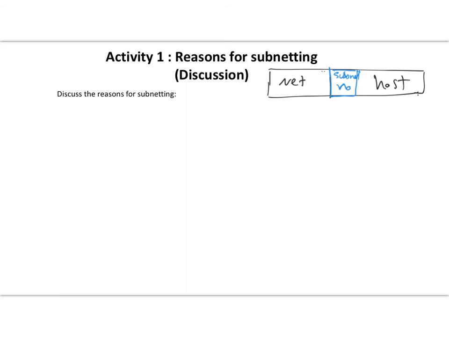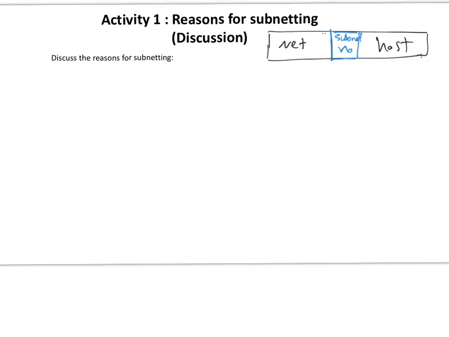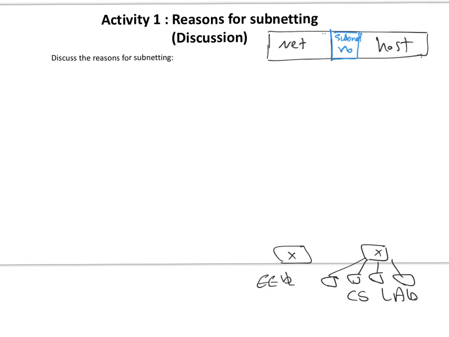So let's talk about the motivation behind subnetting. If we think about the situation at QU, we have many LANs. We have a switch which covers, for example, the CS lab, typically composed of a switch and multiple hosts connected to it. And we have another LAN, maybe the EE lab, again with some hosts connected to a switch.